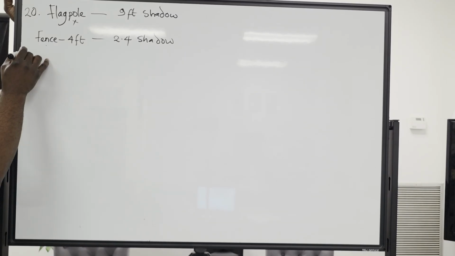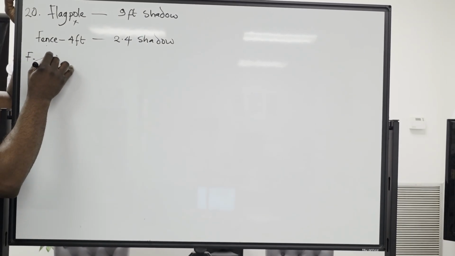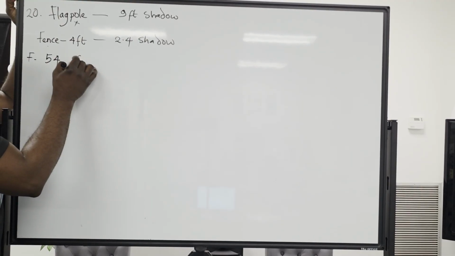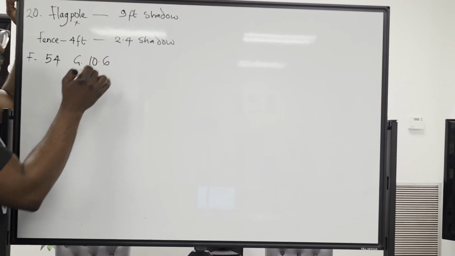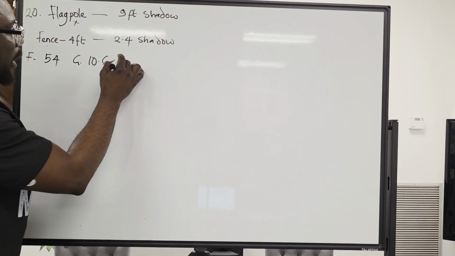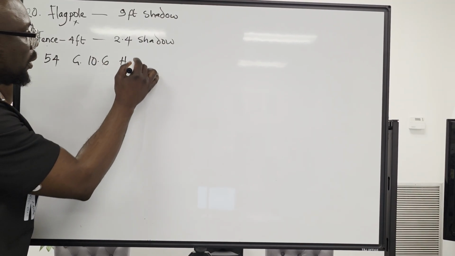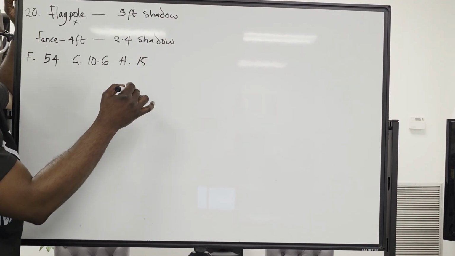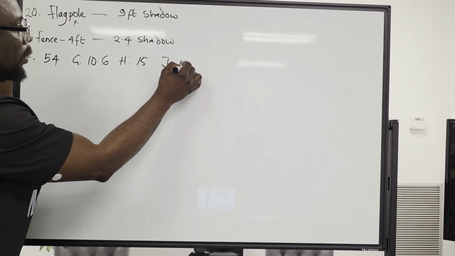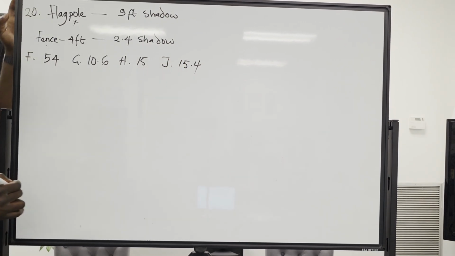Option F is 54. Option G is 10.6. Option H is 15. And option J is 15.4.